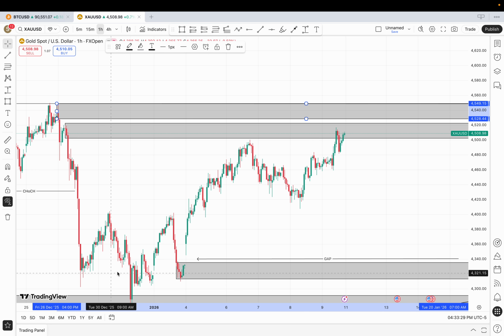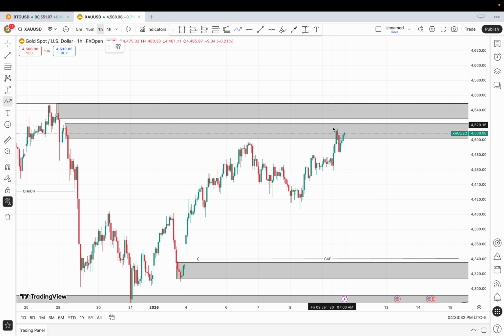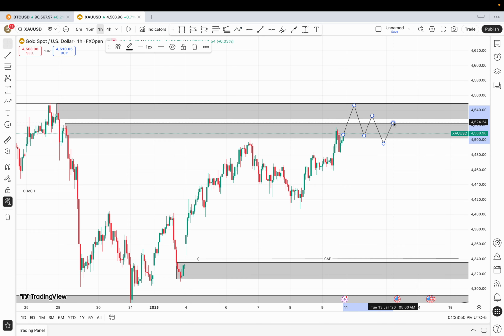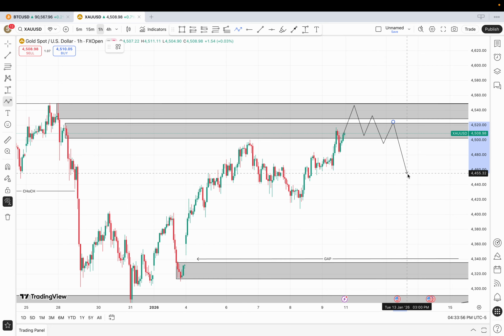I'm expecting that if the market taps here and we start seeing some change of character, like in 1 hour, 15 minutes or 5 minutes time frame, a series of lower low, lower high, lower low, lower high, we could just place our sell here and then expect the market to come into our 1-hour demand.